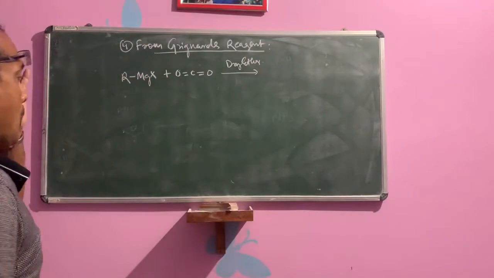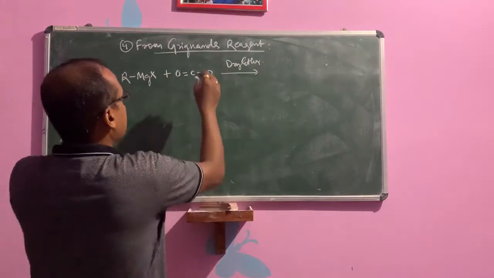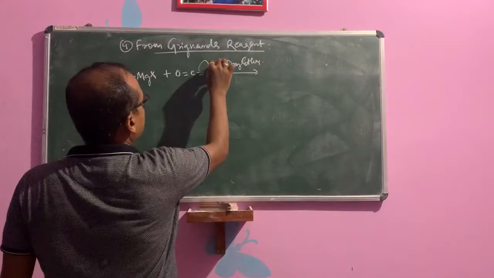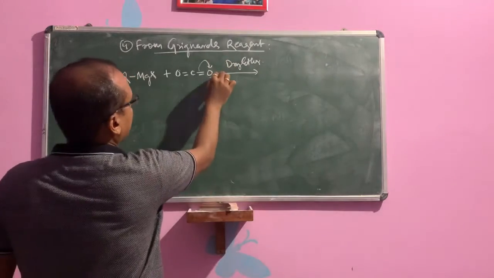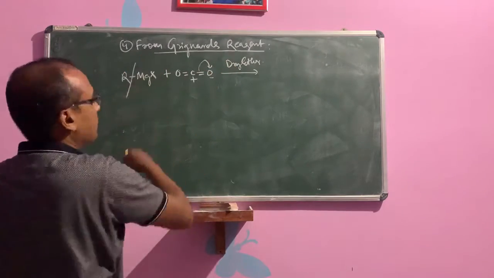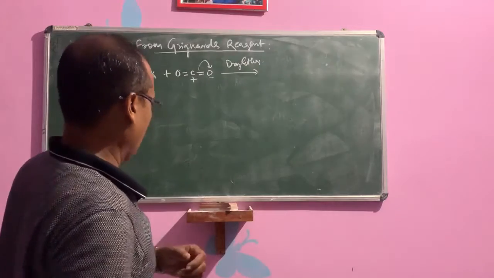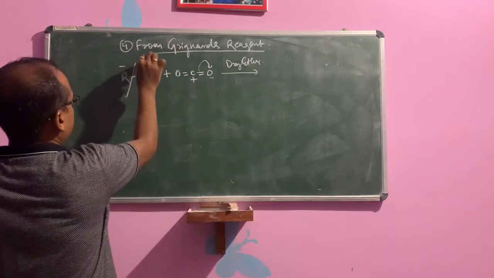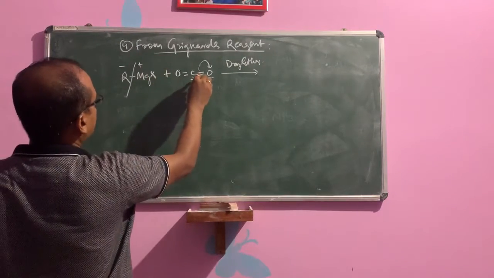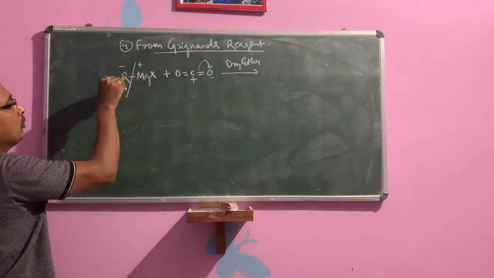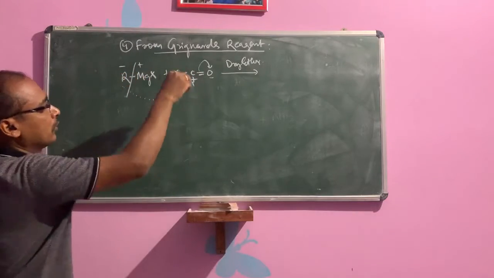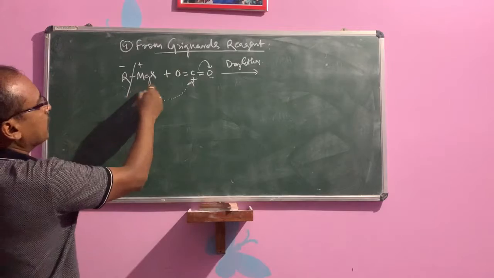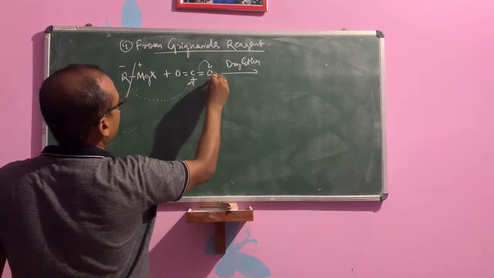Any one of the oxygen, suppose this one is negative and this one is positive, as I previously told you, then the negative part goes to carbon.